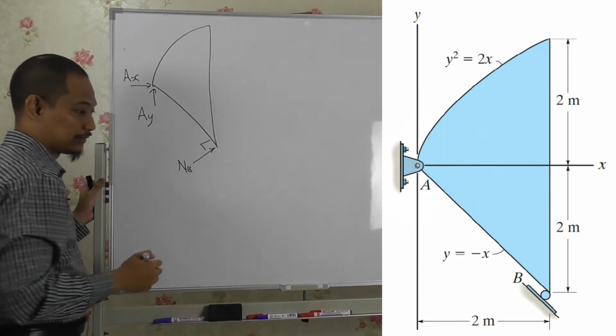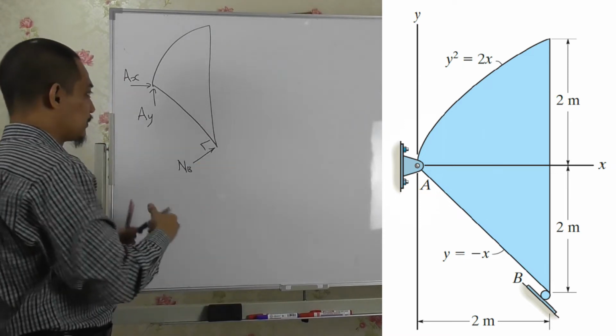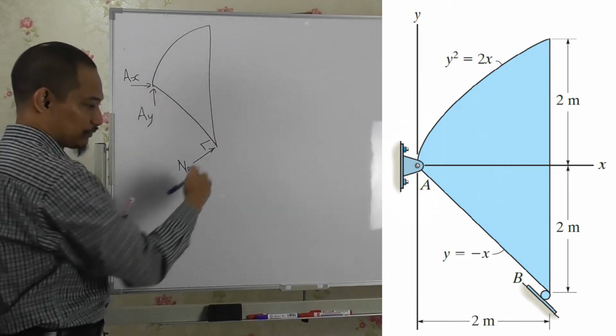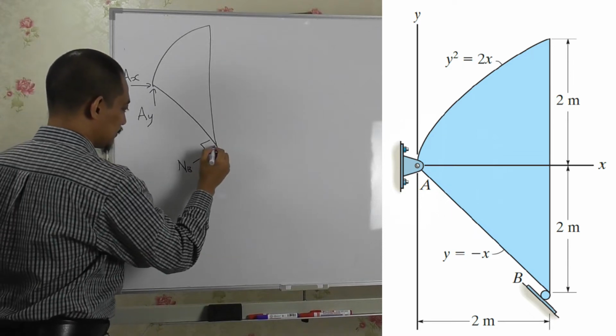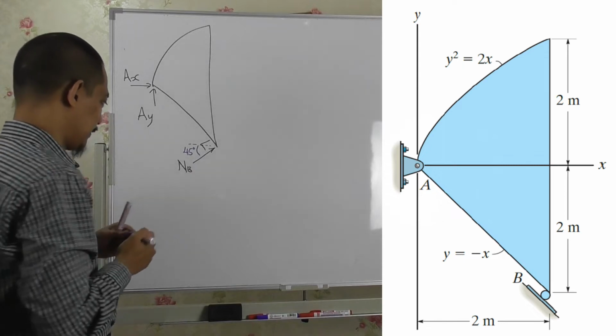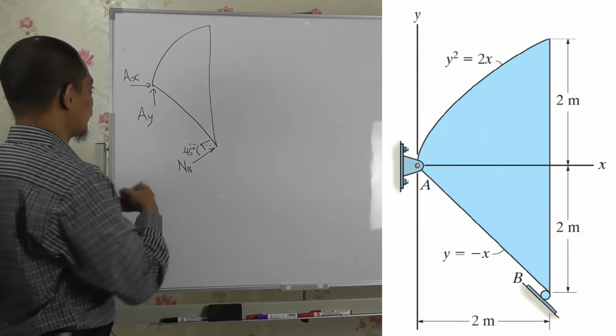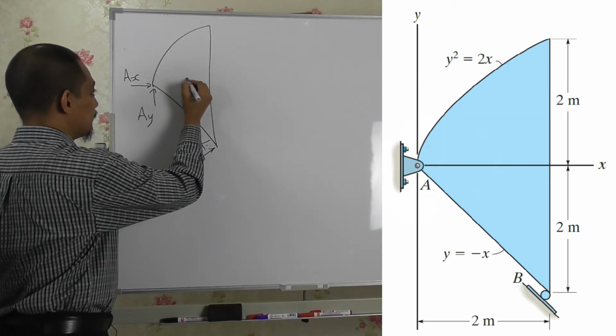This is perpendicular, or in other words, this one is 45 degrees, right? So what we have just calculated is the point here, right?